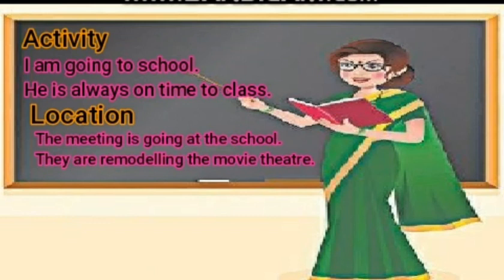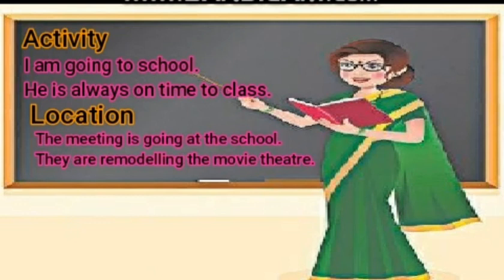So here, I am going to school is an activity, right? So nothing is to be used. He is always on time to class, which means to learn. So in such places also "the" is not needed. Location, see, the meeting is at the school. So here school is mentioned as a location. So "the" is to be used.